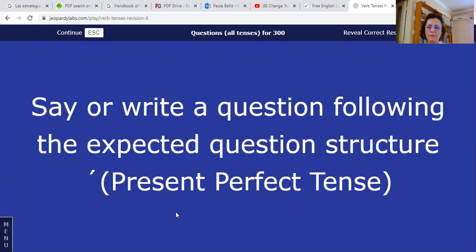Remember we did that example in class. Have you ever eaten octopus? It's a yes, no question. So what is your answer? So I ask you the question: have you ever eaten octopus? And you have to answer.